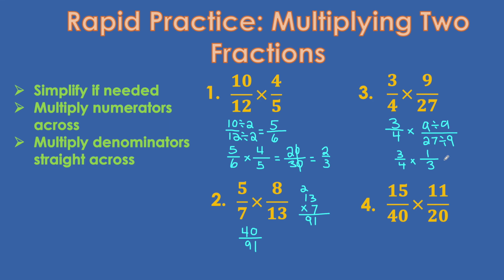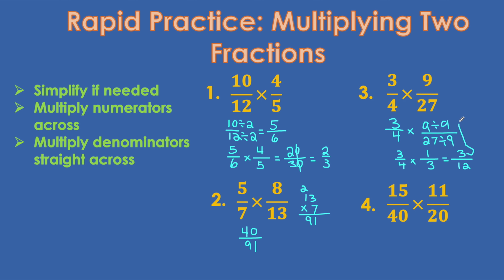Multiply the numerators. 3 times 1 is 3. Then multiply denominators. 4 times 3 is 12. That is not our final answer because we have another common factor between 3 and 12 besides the number 1, which is going to be 3.